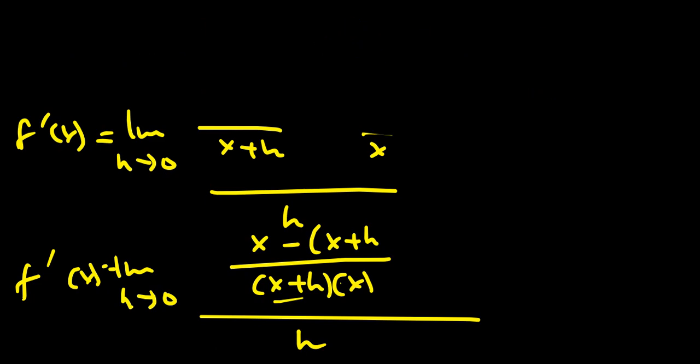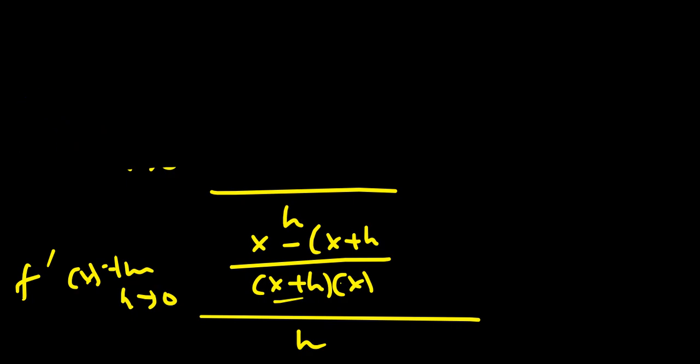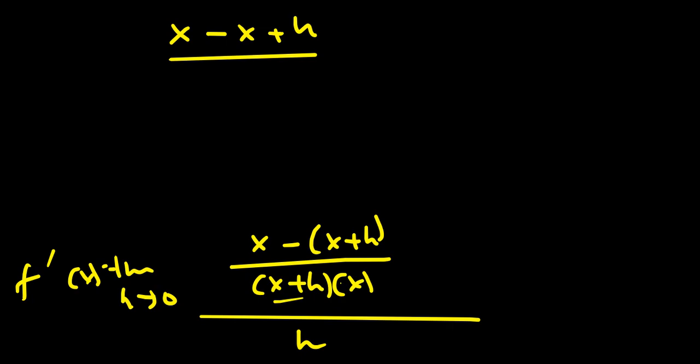So from there, I have this here which I can rewrite or expand. Let me expand what's on top. I'll just have x minus x plus h, divided by x plus h, then x, like that.